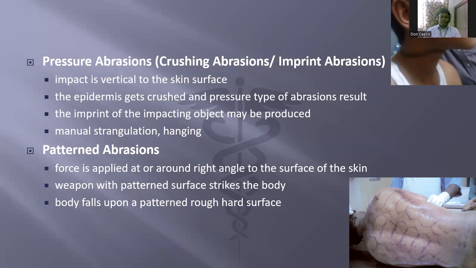Next is patterned abrasion. Patterned abrasion is caused by a force that is applied at or around right angles to the surface of the skin. For example, a body falling from the top to the ground, like a pedestrian pathway having interlocking tiles. The impact that the body has on the surface brings the pattern of the surface onto the body in the form of an abrasion known as patterned abrasion.